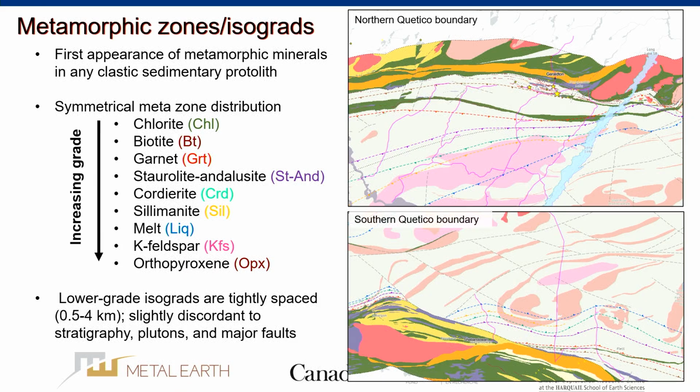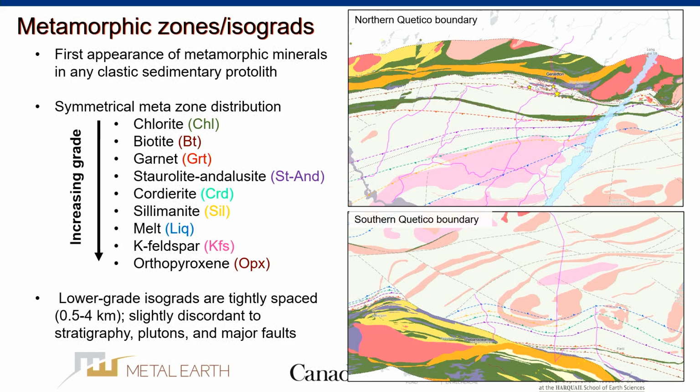Cordierite, sillimanite, in situ melt appears after the sillimanite zone, and then if you increase grade beyond that, you get K-feldspar and then orthopyroxene. It's not a complete sequence everywhere, but that's the general sequence for the Quetico.